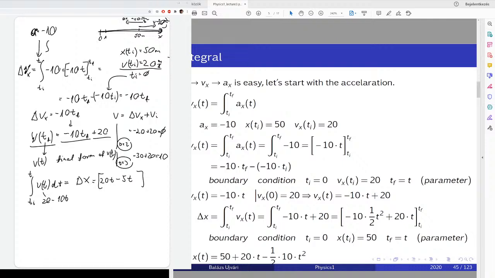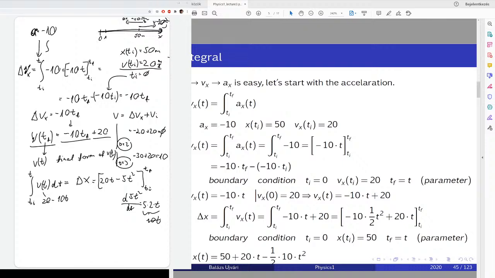If you believe me that this is the primitive function, but if you can't, let's derivate the 5t squared. The 5 can come out, then times 2t, which is 10t. And I have to have this primitive function at tf, or we can say only t.